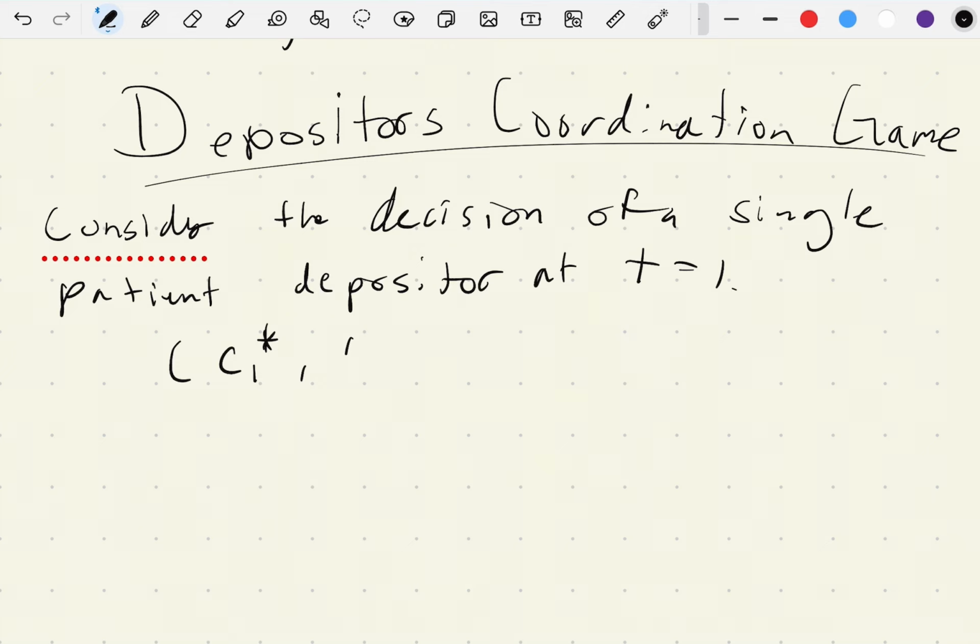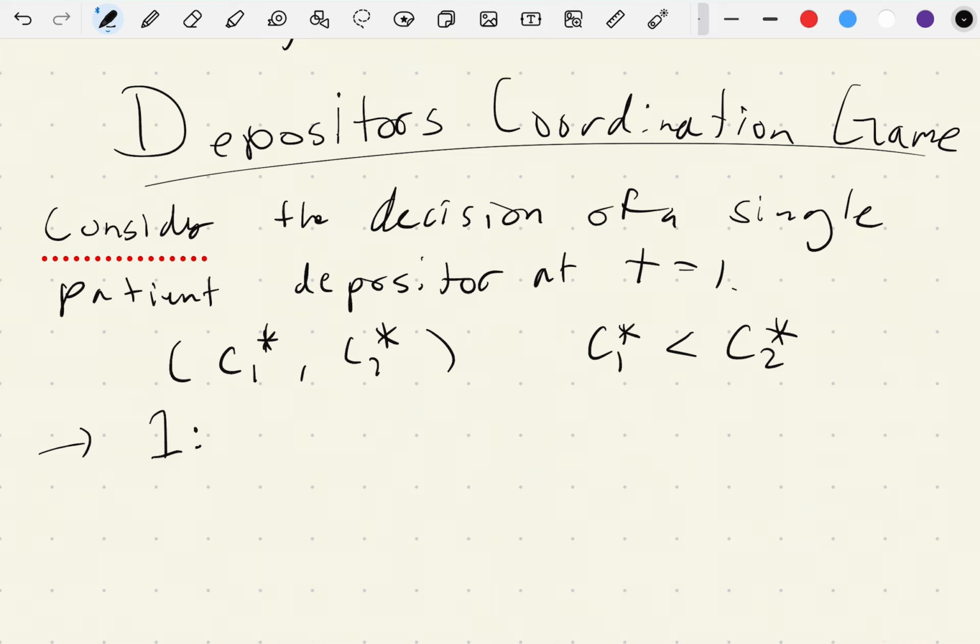They know the bank has promised such C1, C star 1, and C star 2, such iterations of these consumptions, of course, with the expectation that the reward at the consumption at a little later time should be greater than the reward that I reap by being impatient. So scenario 1, let's talk about the first scenario. The first scenario is that she believes other patient depositors will wait.